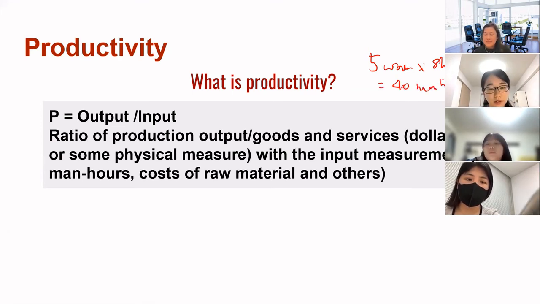If I produce 200 onigiri as output, what is productivity?